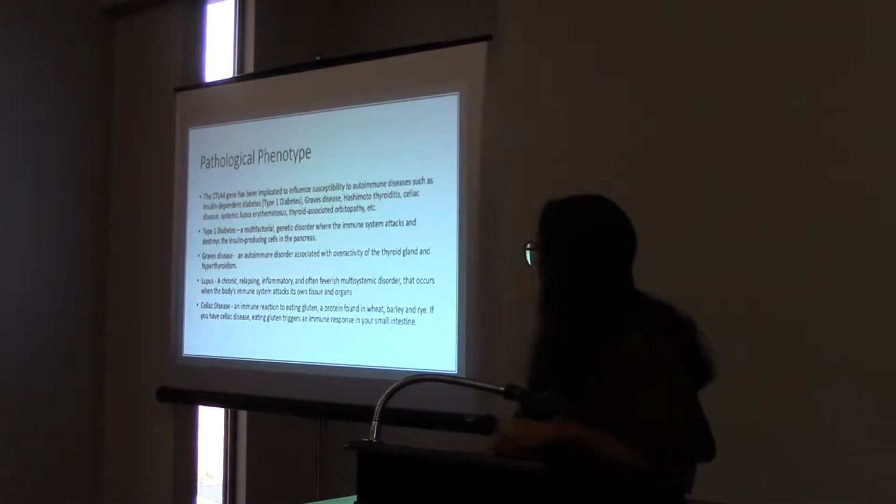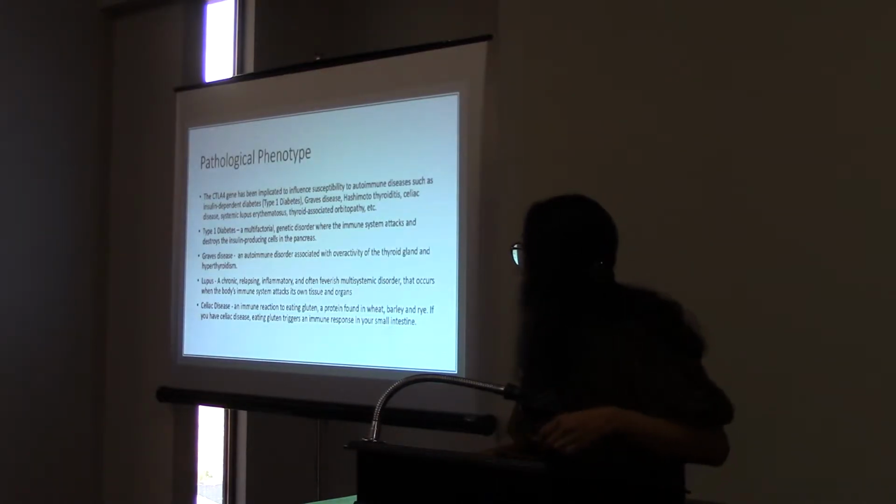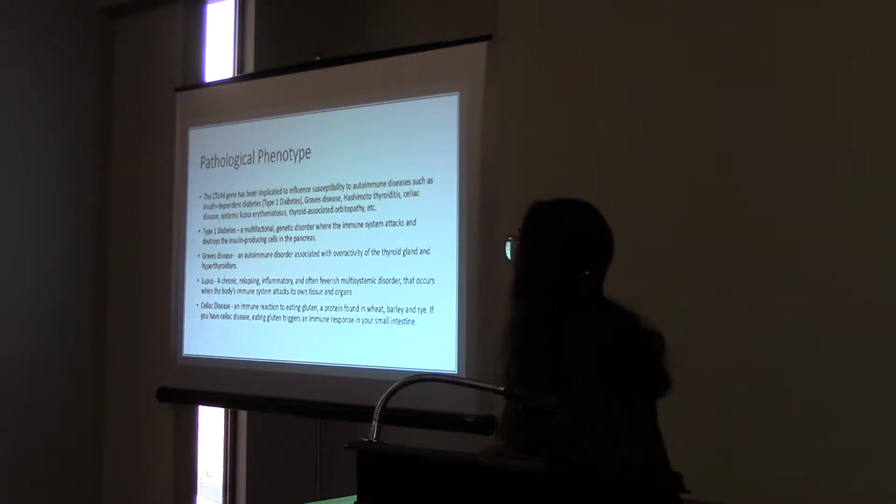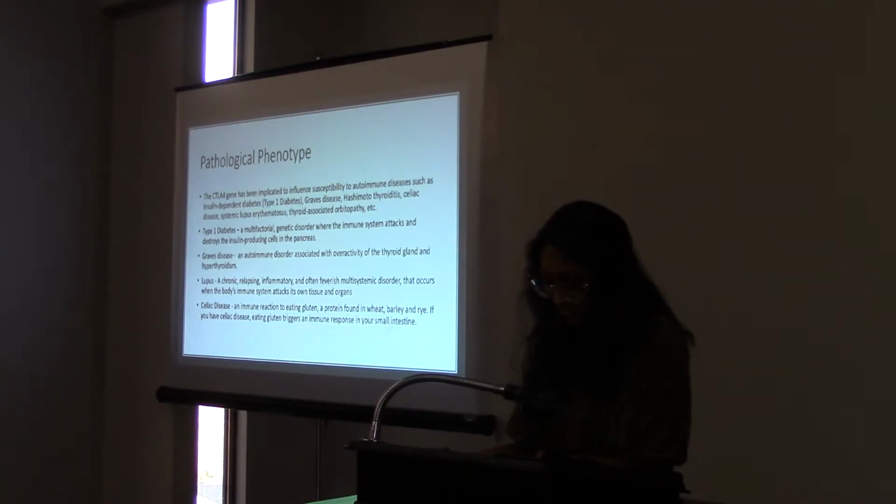The pathological phenotype of the CTLA4 gene has been implicated in influencing susceptibility to autoimmune diseases such as insulin-dependent type 1 diabetes, where the immune system attacks and destroys insulin-producing cells in the pancreas, as well as Graves' disease, an autoimmune disorder with overactivity of the thyroid gland and hyperthyroidism, as well as Hashimoto thyroiditis, which is similar to Graves' disease, where the immune system attacks the thyroid gland.